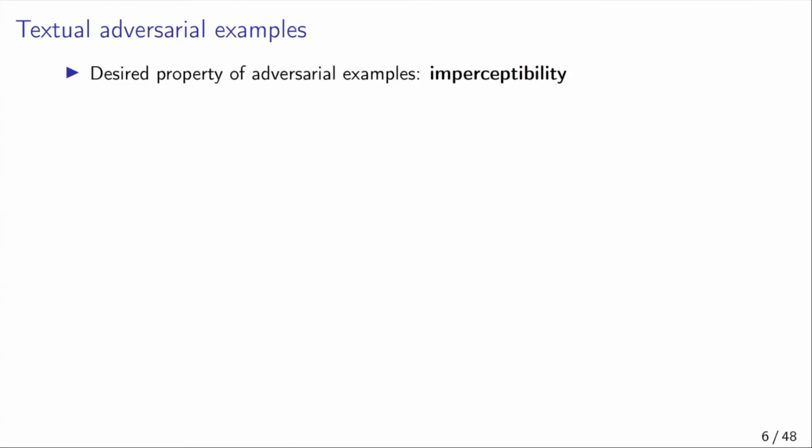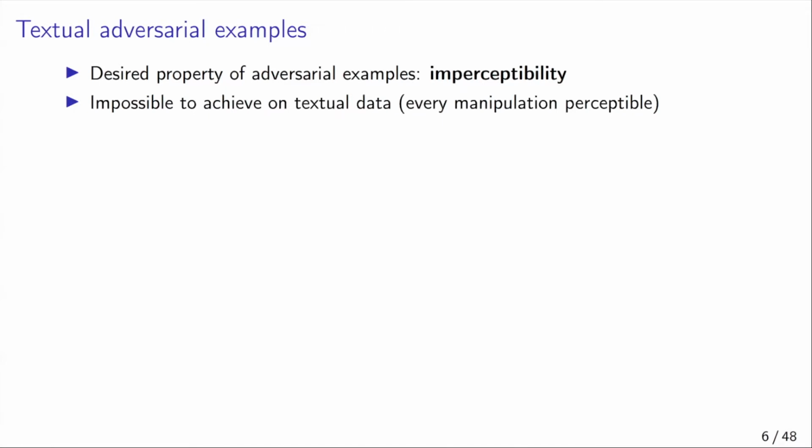One of the desired properties of adversarial examples that I mentioned earlier is that the changes should be imperceptible. But this is unfortunately impossible to achieve on textual data because every manipulation to an input sequence is unavoidably perceptible to a human reader.